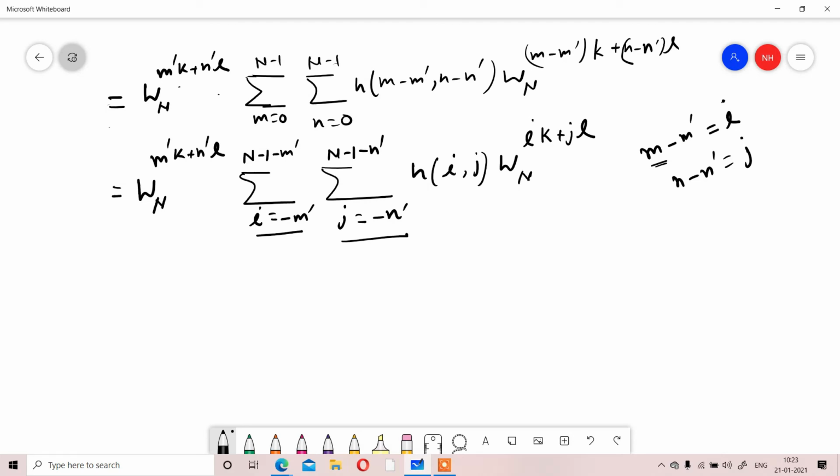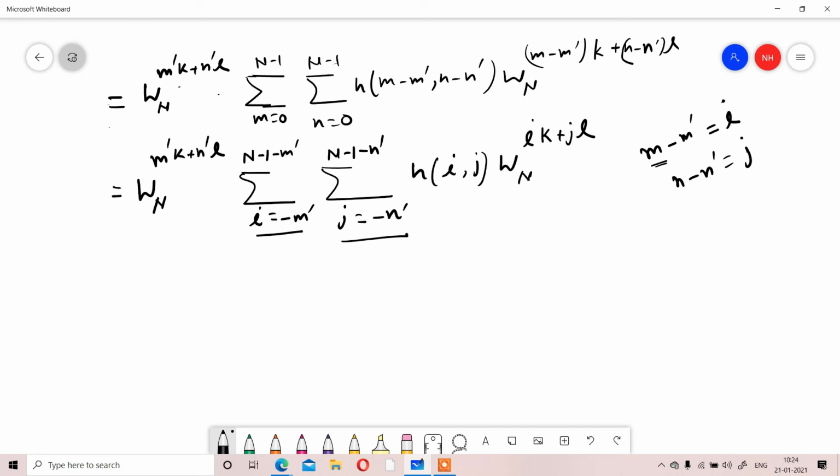Yes, we can, because keep in mind that it is a circular convolution operation. So whatever the value of i and j, or m minus m' or n minus n', that value will always be within the range of 0 to N-1.